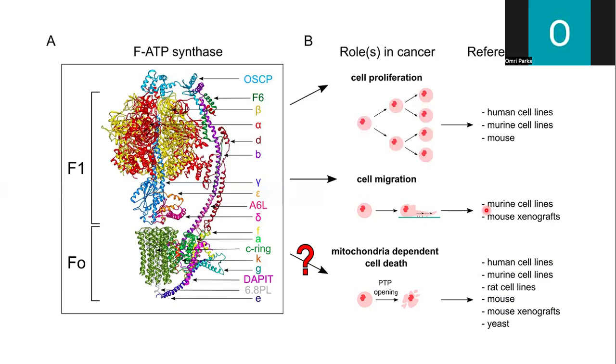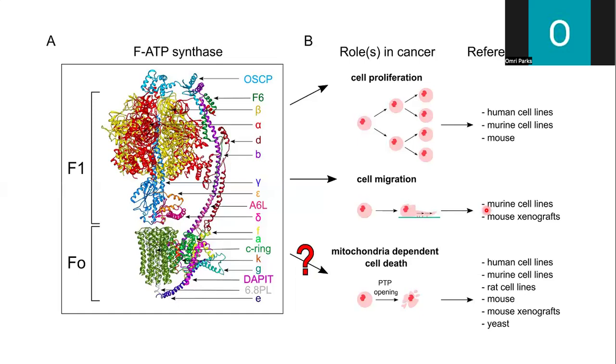Through immunohistochemical staining of the ATP synthase subunits, it was revealed that in various cancer tissues, the activity of this enzyme is highly concentrated in the mitochondria with enhanced expression.